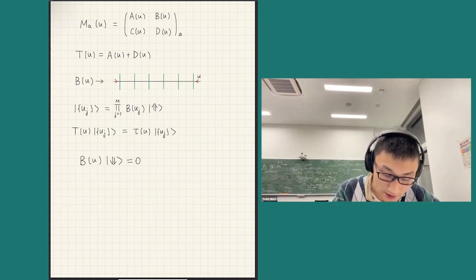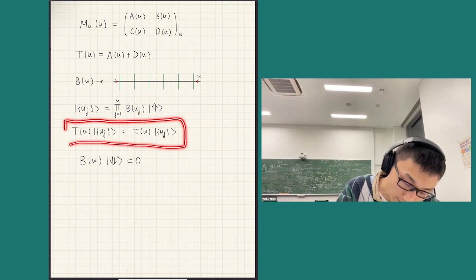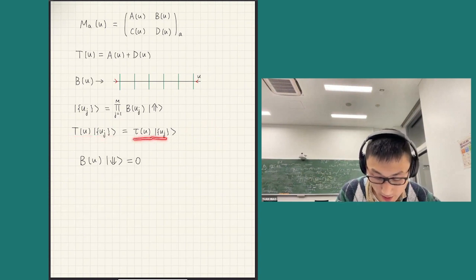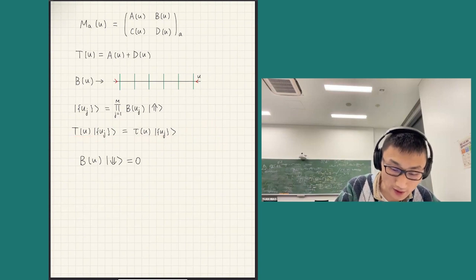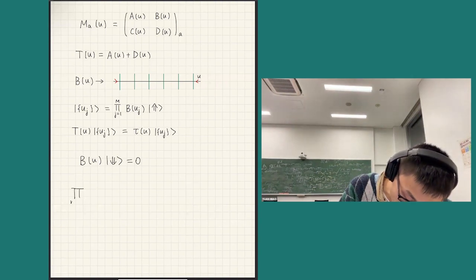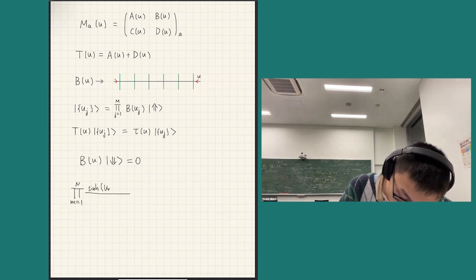And in order to satisfy this relation, T acting on some state being an eigenstate of T, and using the algebras of the B and C, what we obtain is that these u_j satisfy a set of coupled nonlinear equations. They are more or less in this way, from 1 to n, and then we have hyperbolic psi minus psi m.